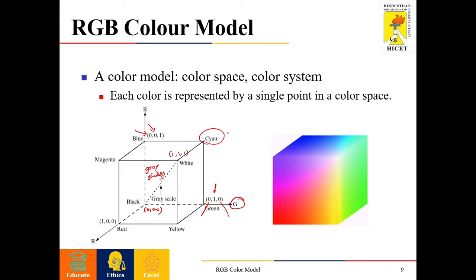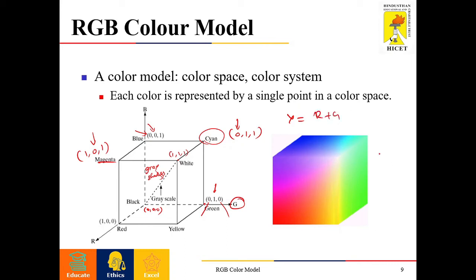For example, cyan is the combination of green and blue, with no red component. Similarly, magenta is the combination of red and blue, and we don't have any green component in it. Similarly, all the secondary colors are made, and the same stands for yellow.